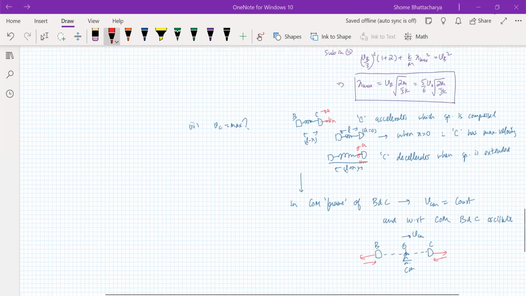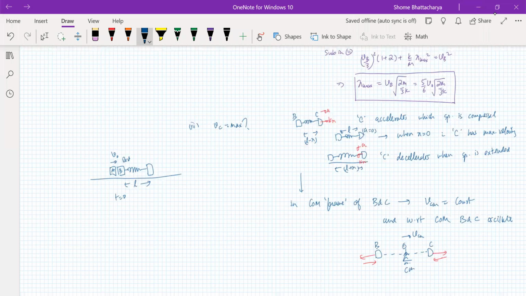Okay, Dhruv, to answer your question, Dhruv is asking why we are not involving the spring in the collision between A and B, right? So if we take this as t equal to 0, then A and B are going to be in contact for a very short time, delta t.